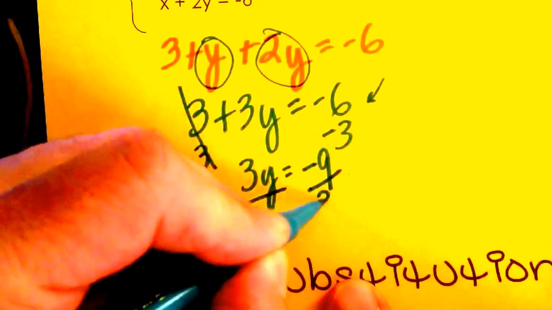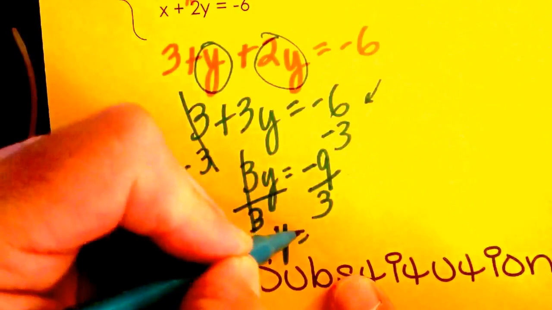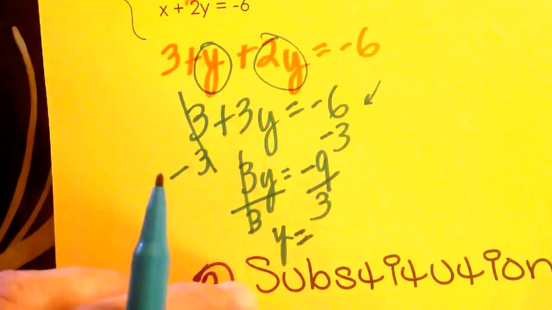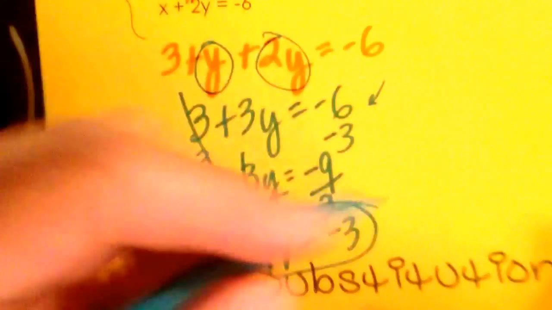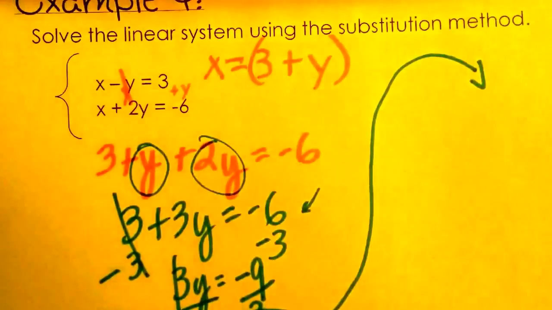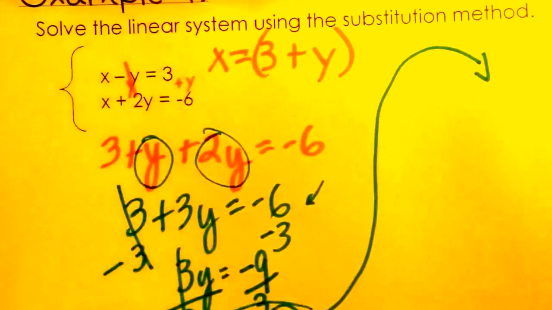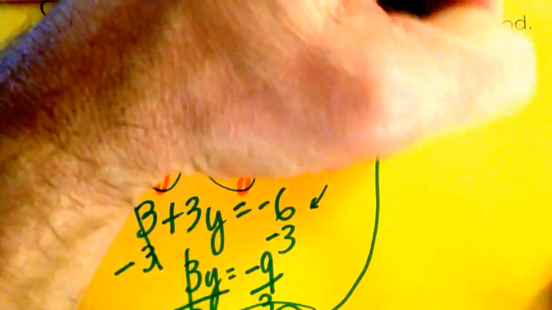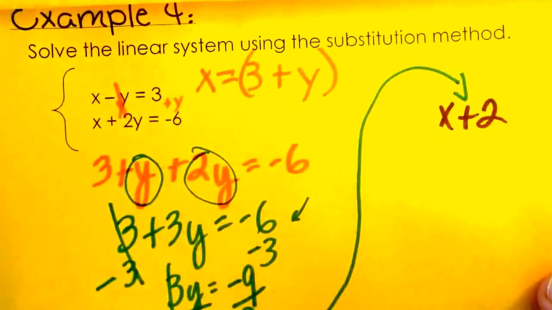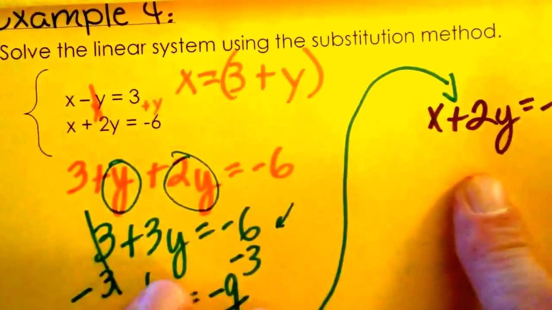All right. Now our last step, divide by 3. 3y divided by 3 is 1y. Negative 9 divided by positive 3 is going to give me a negative 3. So now we have our value for y, and we're going to take this value, switch colors, and take our other equation, x plus 2y equals negative 6.